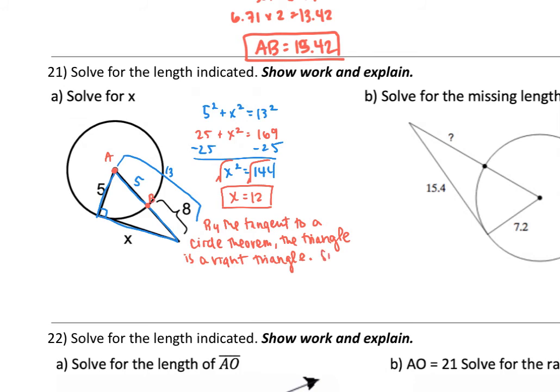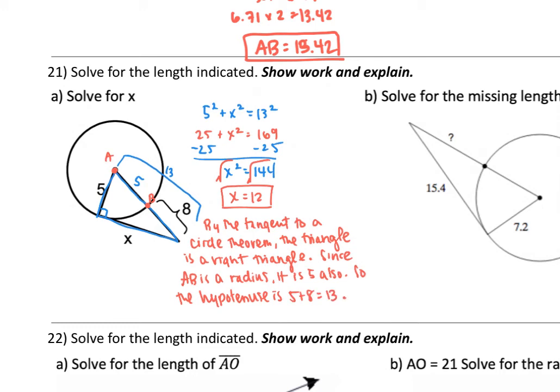And I'm going to say since AB is a radius, it is 5 also. So the hypotenuse is 5 plus 8, which is 13.